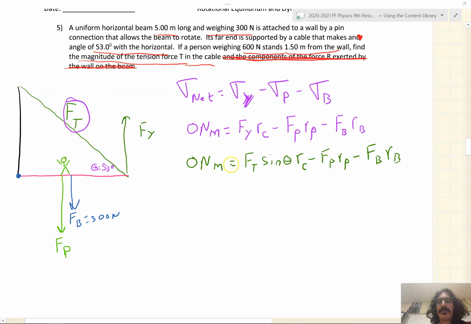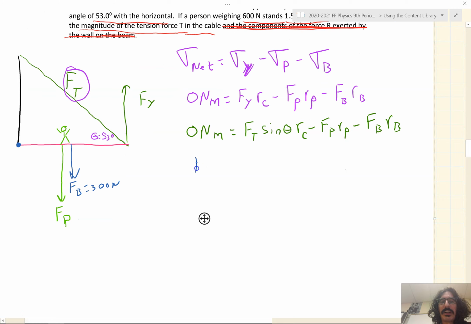And we want to isolate F sub t, so we'll add the torques on the right to the other side, divide by sine times how far away the cable is from the wall. So that brings us down to F sub t is equal to Fp Rp minus Fb Rb, all over Rc sine of theta.